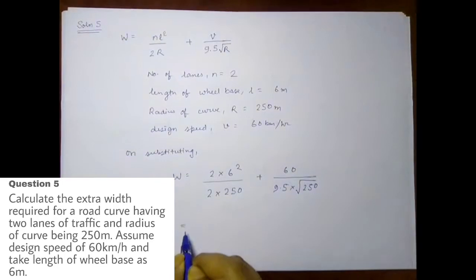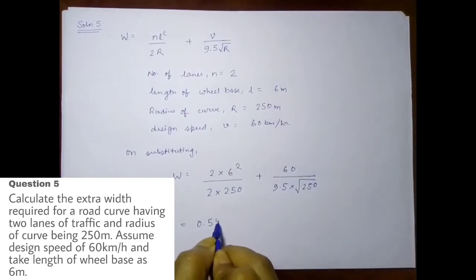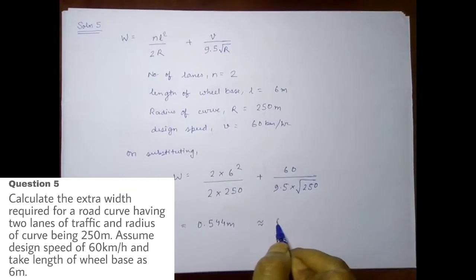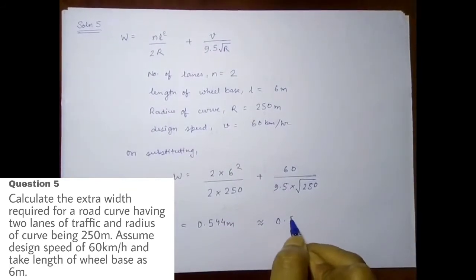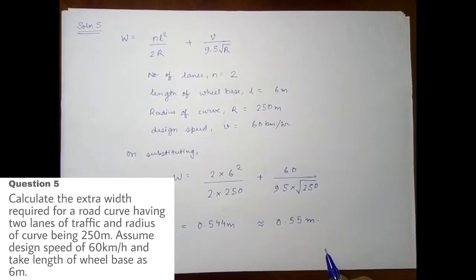So upon solving, we get W equal to 0.544 meters, or for convenience we can make it 0.55 meters, so that it's easy to construct.